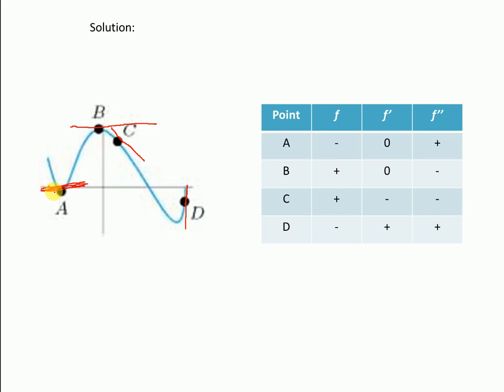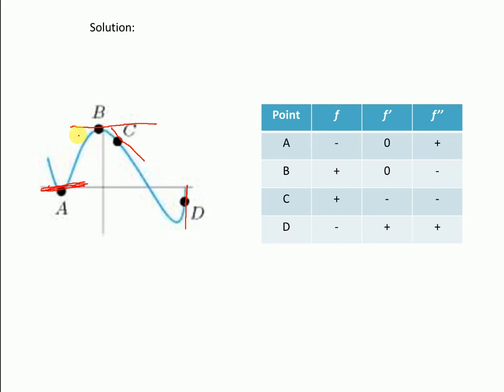When it is negative, your function opens down, or is concave down, right? So if you take a look at point A, going from left to right of A, the slope goes from decreasing to increasing. That means it opens up, or the second derivative is positive.